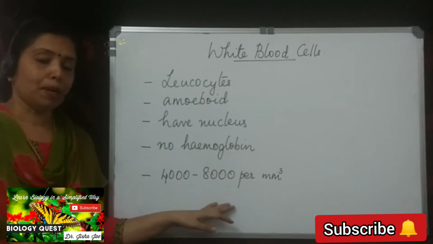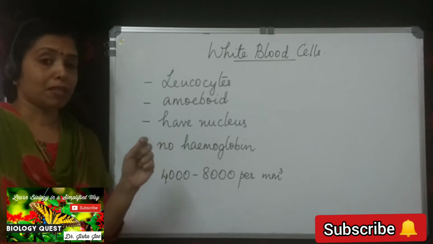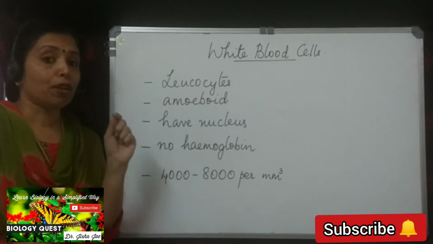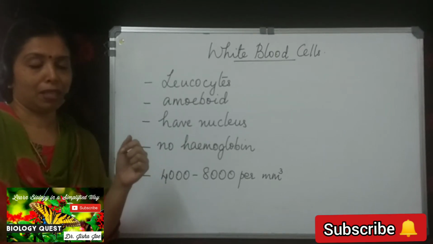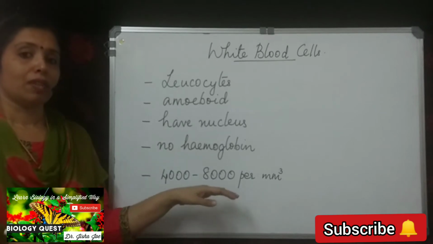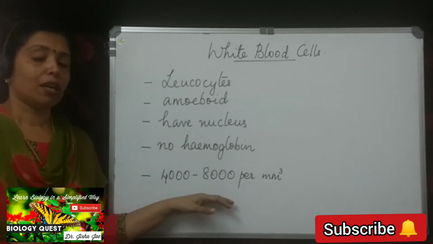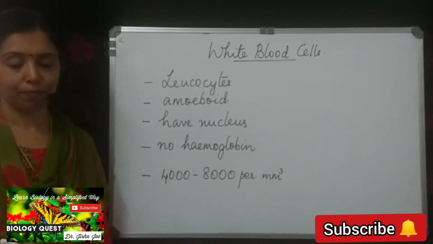And the number per cubic millimeter of blood, in the case of RBC it was about 4.5 million to 5 million RBCs per cubic millimeter of blood, whereas when we come to WBCs we can see that the number ranges from 4,000 to 8,000 per cubic millimeter of blood.